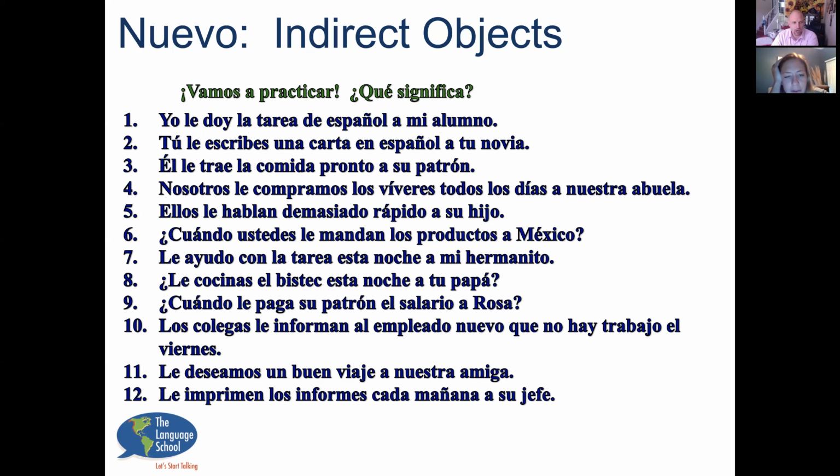He brings the food soon to his boss or employer. Nosotros le compramos los víveres todos los días a nuestra abuela. We buy the groceries every day for our grandma. Yep. Ellos le hablan demasiado rápido a su hijo. They talk too fast to their kid, their child, their son.